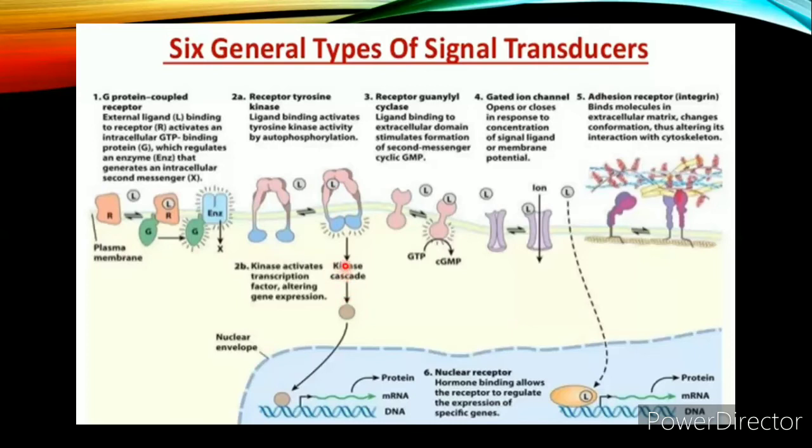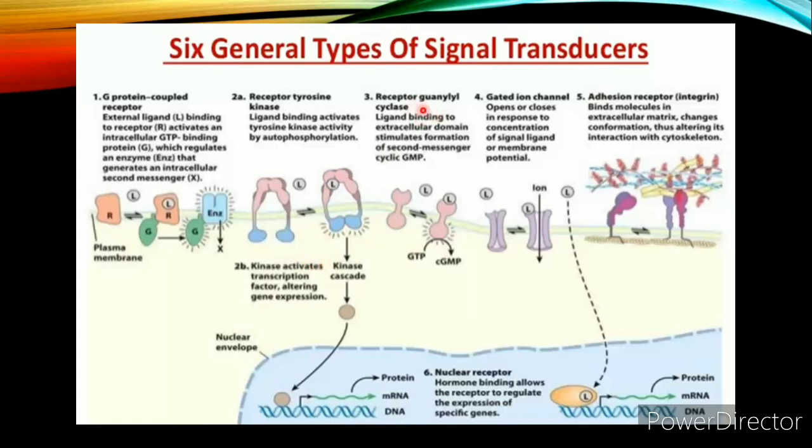Then second, this kinase activates the intracellular target protein for transcription factor, altering the gene expression. The examples of this receptor are insulin and epidermal growth factor. These all are about the receptor tyrosine kinase.